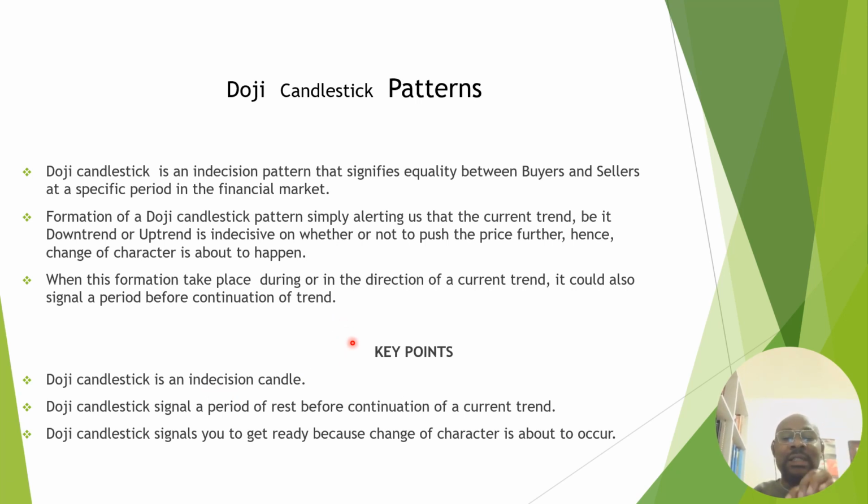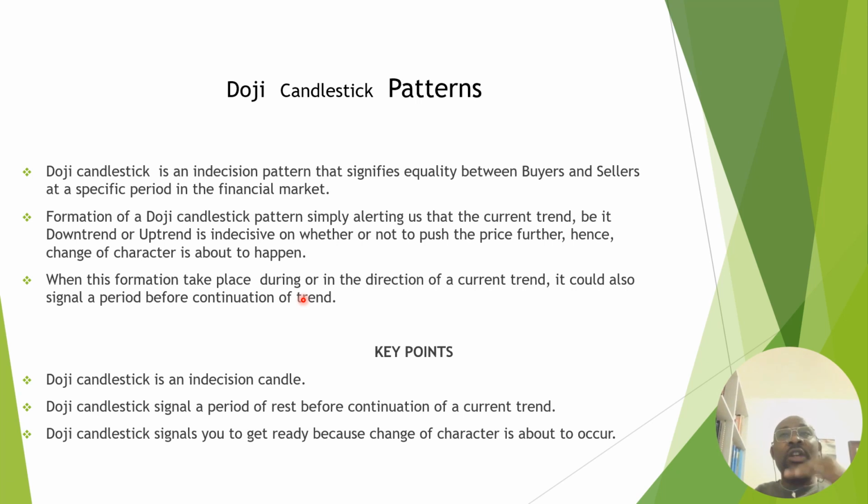No one is leading at that point, neither the buyers nor the sellers. A doji candlestick signals a period of rest before continuation of a current trend. Like I explained, it's just like when you breathe in, it will get to a point you have to breathe out. So it's a period of rest.